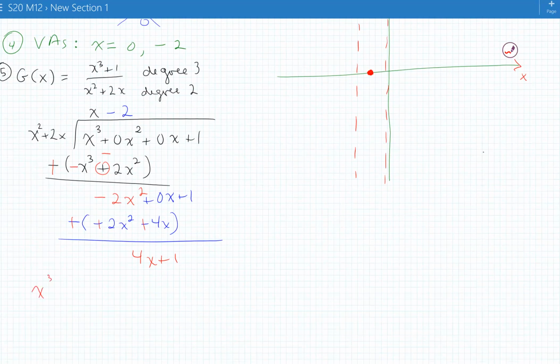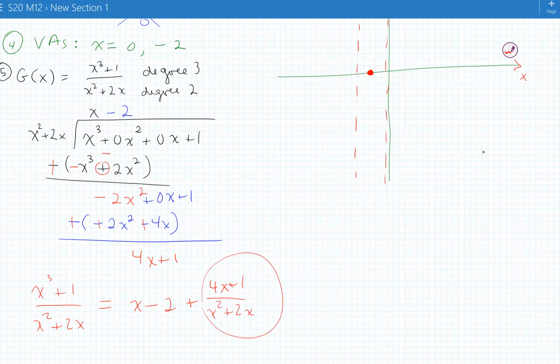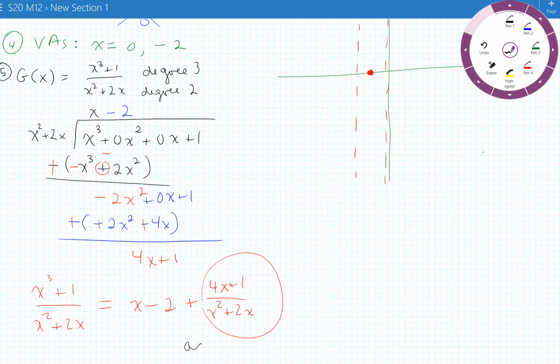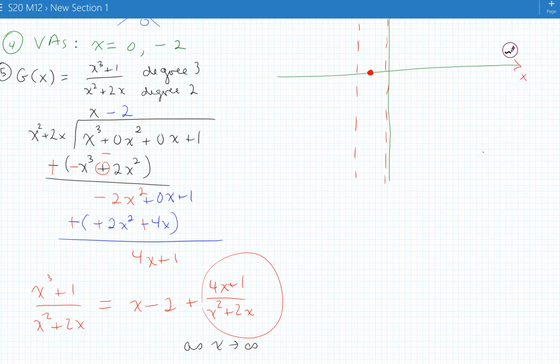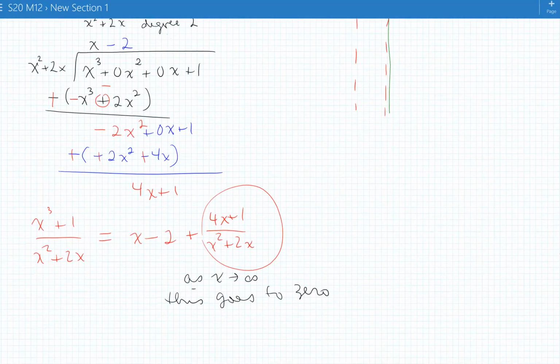So this function, x cubed plus 1 over x squared plus 2x, can be written as x minus 2 plus 4x plus 1 over x squared plus 2x. Well, this last piece, as x goes to infinity, goes to 0. So let me give you a second to think about why that would be. Oh, I have x squareds on the bottom, so I'm dividing by a much bigger number.